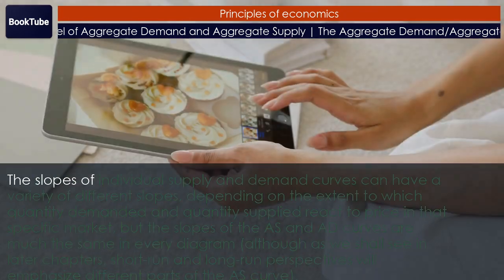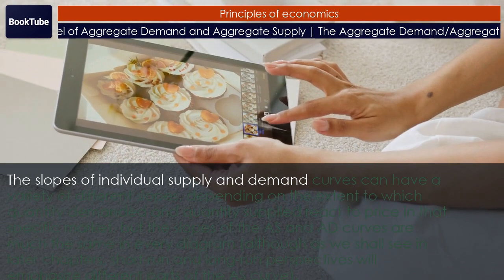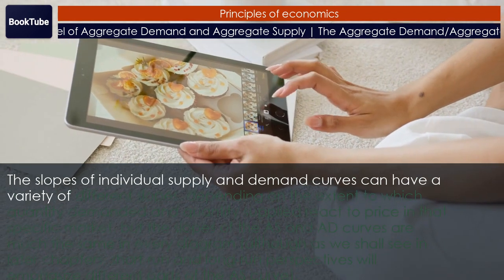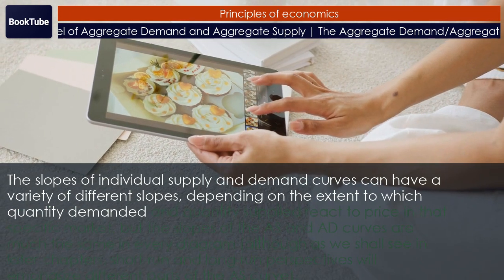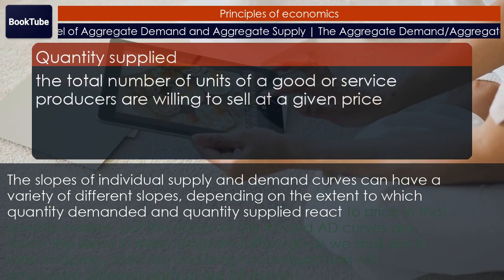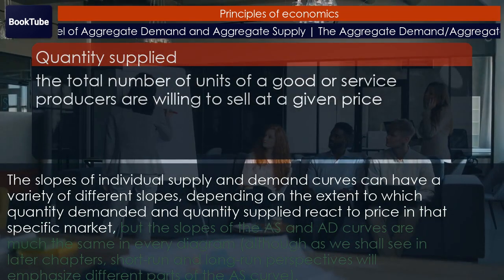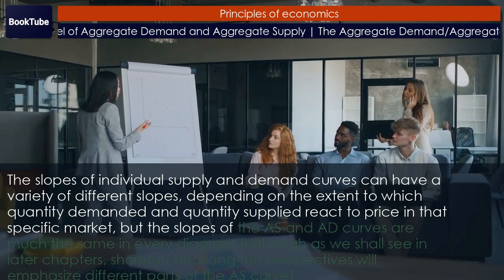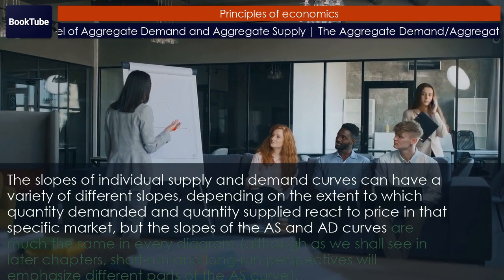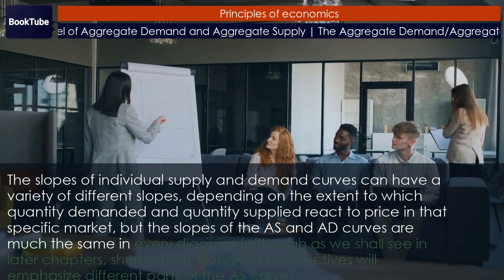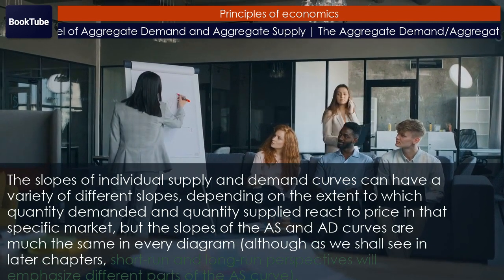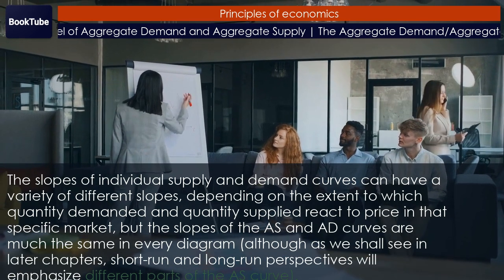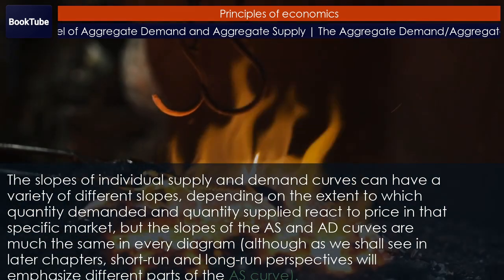The slopes of individual supply and demand curves can have a variety of different slopes, depending on the extent to which quantity demanded and quantity supplied react to price in that specific market. But the slopes of the AS and AD curves are much the same in every diagram, although, as we shall see in later chapters, short-run and long-run perspectives will emphasize different parts of the AS curve.